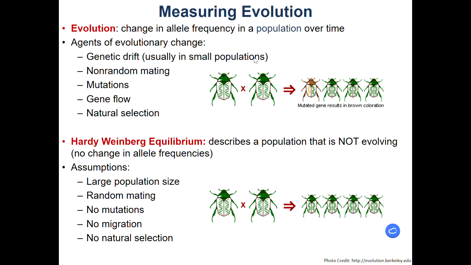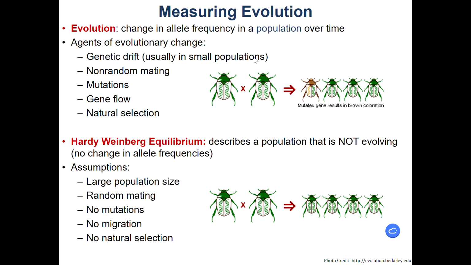Things that help a population not evolve: large population sizes, random mating, so you just mate with whoever, it doesn't matter what their phenotype or genotype is. There's no mutations in the population. There's no migration, so you're not having new organisms coming in. And there's no natural selection. This rarely happens.